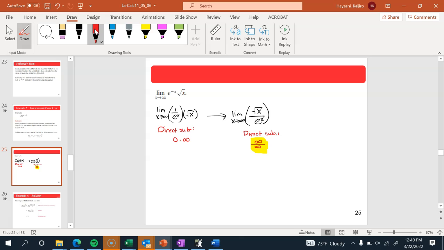And this is the way of writing it that you'll be using L'Hopital's rule on. So using L'Hopital's rule, this would become the limit as x goes to infinity of the derivative of the square root of x over the derivative of e to the x.